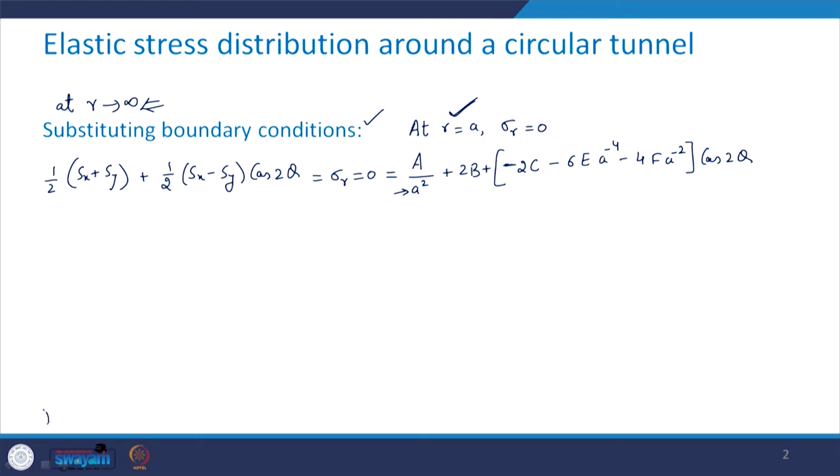I am substituting a here because I am applying this equation at r equal to a. Now, as we did in the previous class, let us again compare the terms on both sides of the equation.